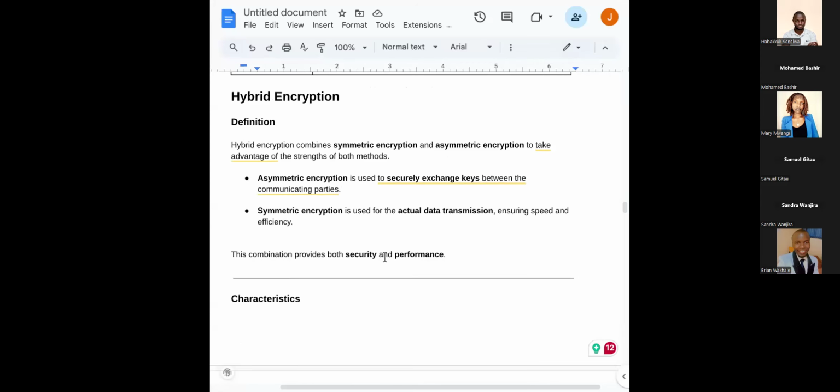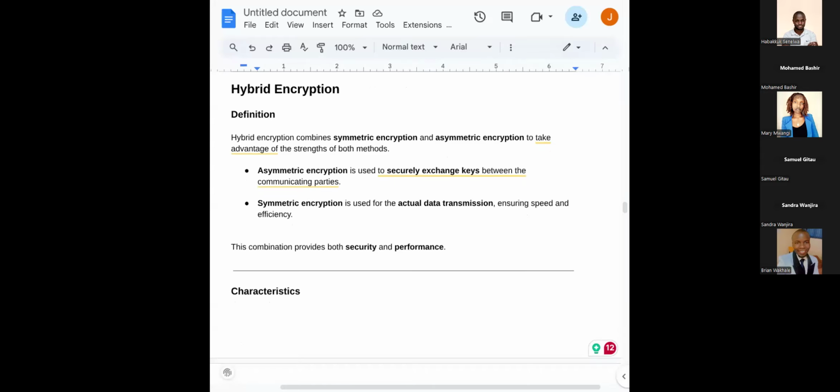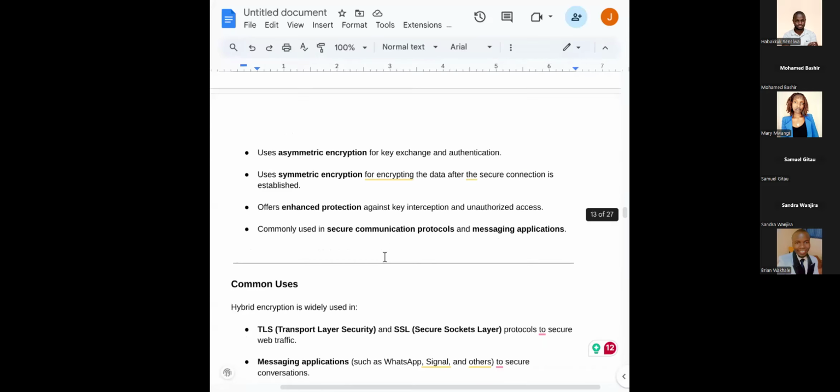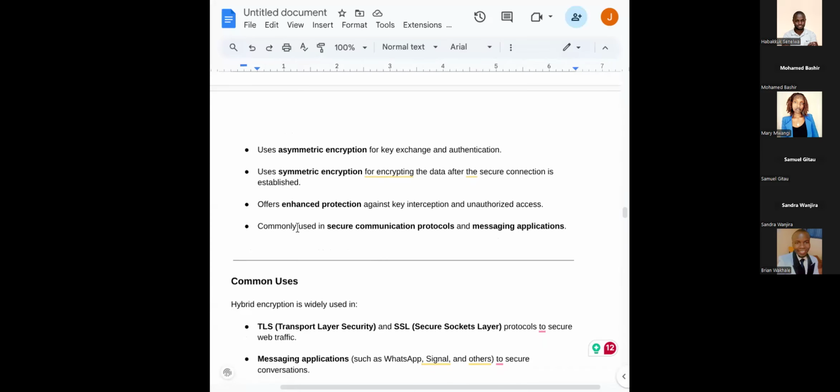When we go to hybrid, we said that hybrid uses both symmetric and asymmetric to encrypt its data, and it offers enhanced protection against key interception and unauthorized access, commonly used in secure communication protocols. So you can imagine if different governments are communicating, they want something that no one can intercept, no one can even know that it is going on.